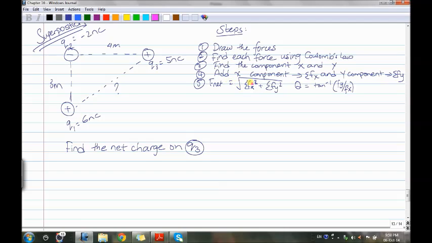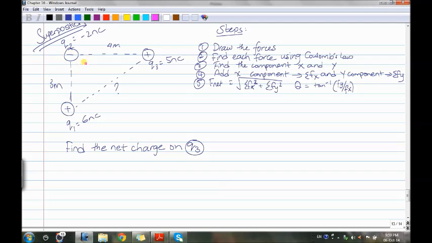The third is to find the x and y components, and the fourth is to add the x components, which is the Fx, and the y components, which is the Fy. The final step is to find the F net, which equals the radical of Fx squared plus Fy squared. And then we find the angle also, which is tan inverse of Fy over Fx.